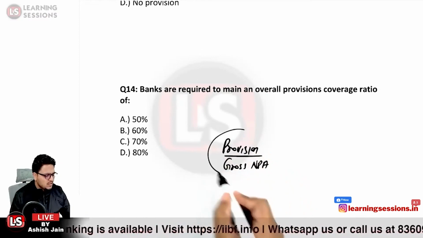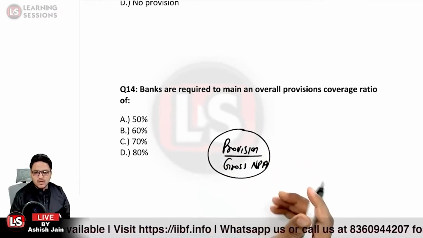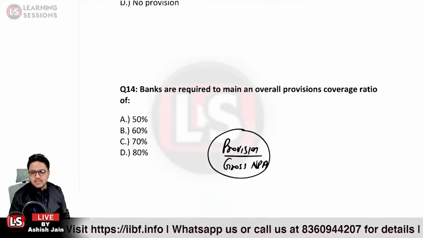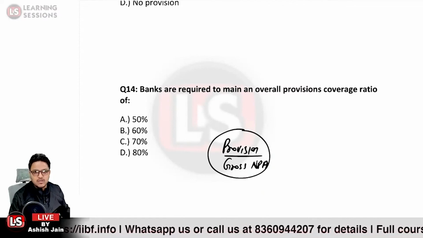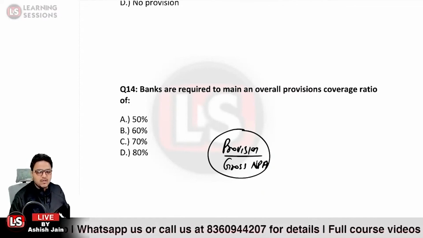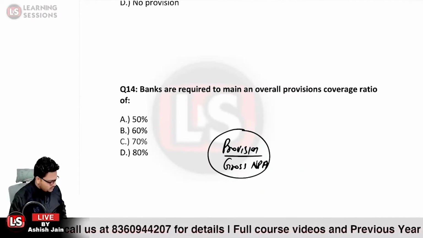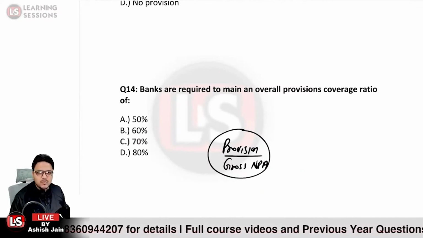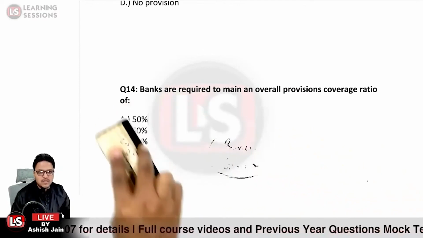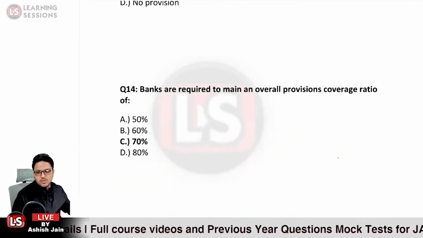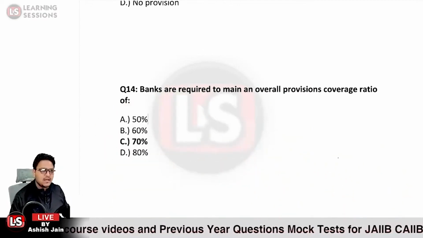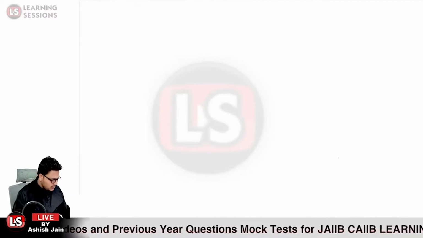So this is the provision amount that is to be created, this is the PCR, and what is the right answer? It is option C. Banks are required to maintain an overall PCR of 70%. So option C is the right answer. So that would be all related to this particular unit.